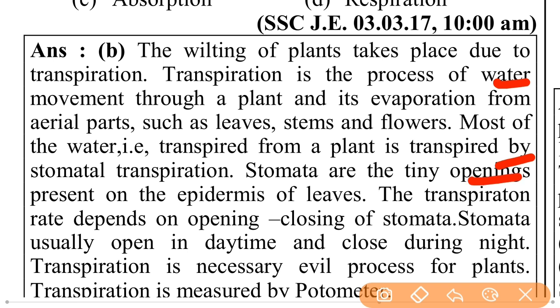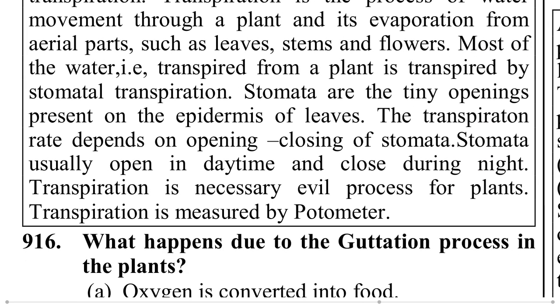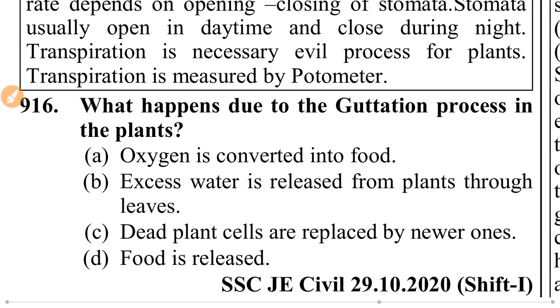Stomata are the tiny openings present on the epidermis of leaves. The transpiration rate depends on opening closing of stomata. Stomata usually open in daytime and close during night. Transpiration is a necessary evil process for plants. Transpiration is measured by potometer.